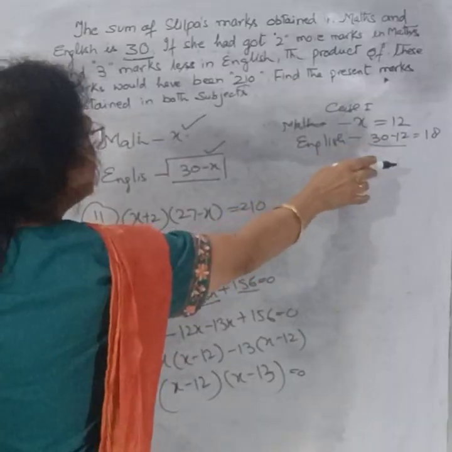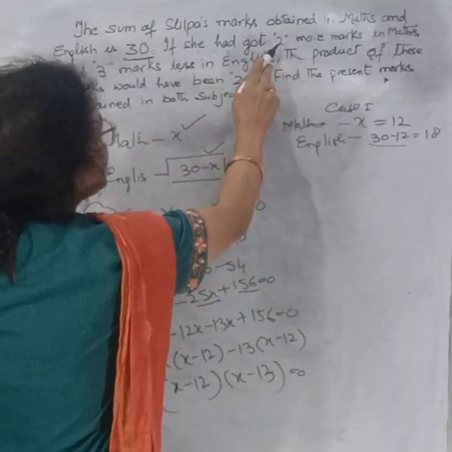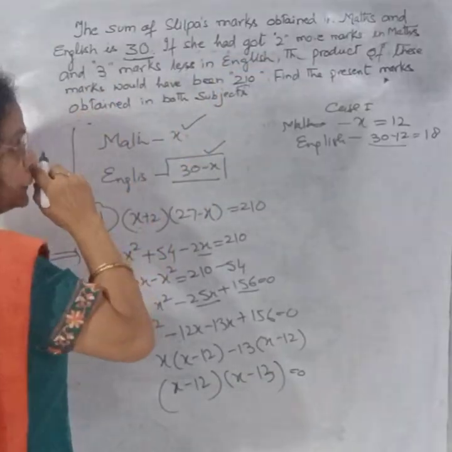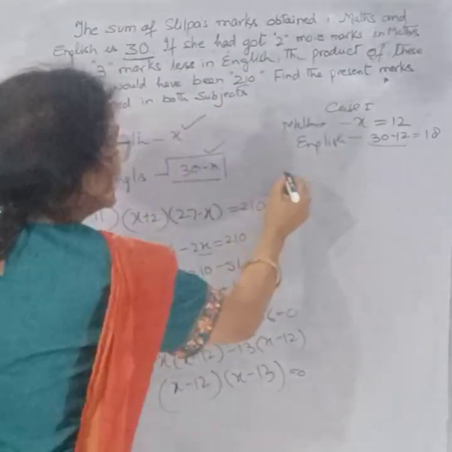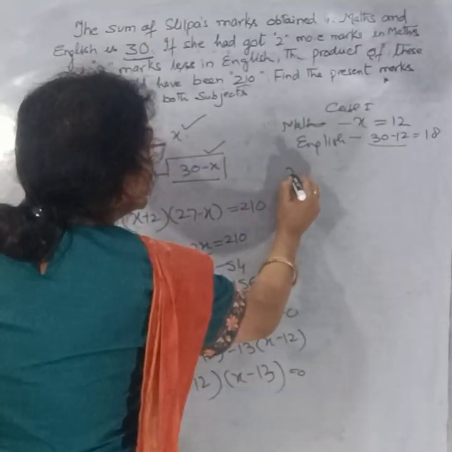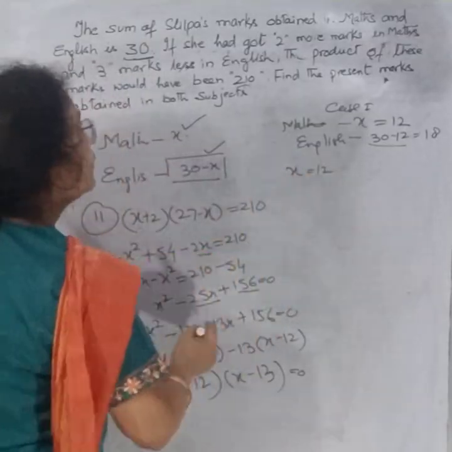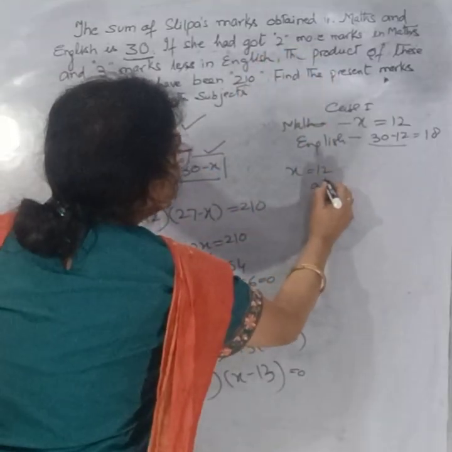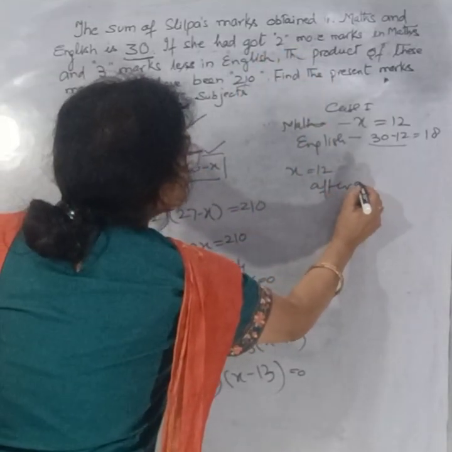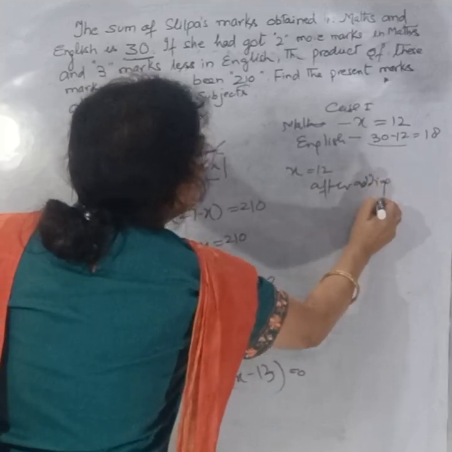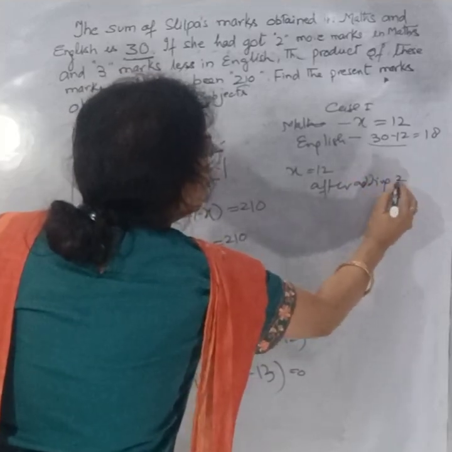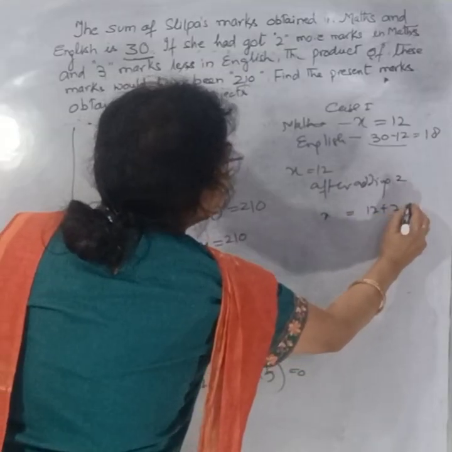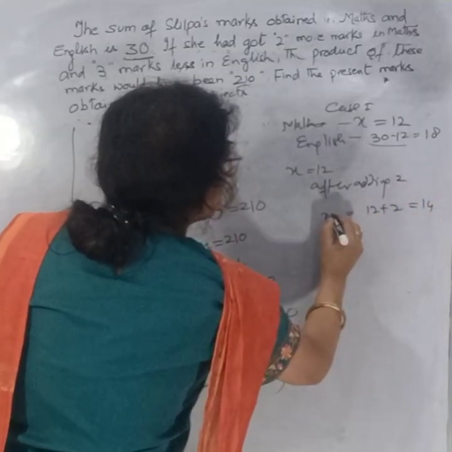The addition of this is 30, whether the multiplication after adding 2 marks in maths and subtracting 3 marks in English should be 210. Now we are checking here that x was equal to 12. After adding 2, x will become equal to 12 plus 2, that is 14, x plus 2.